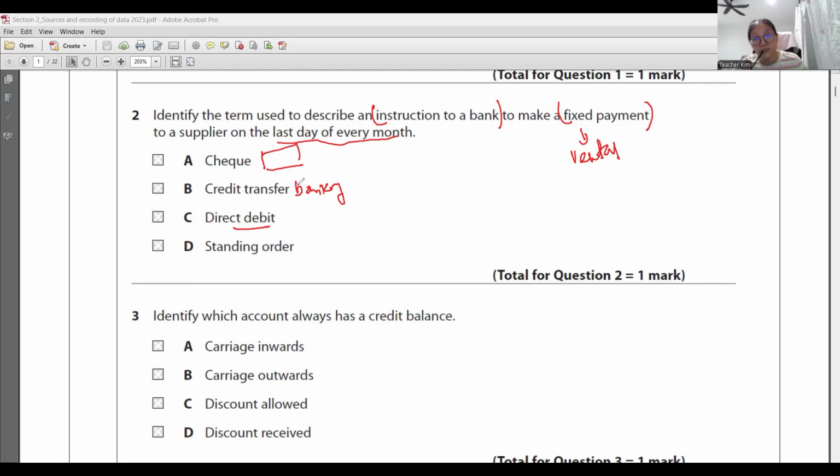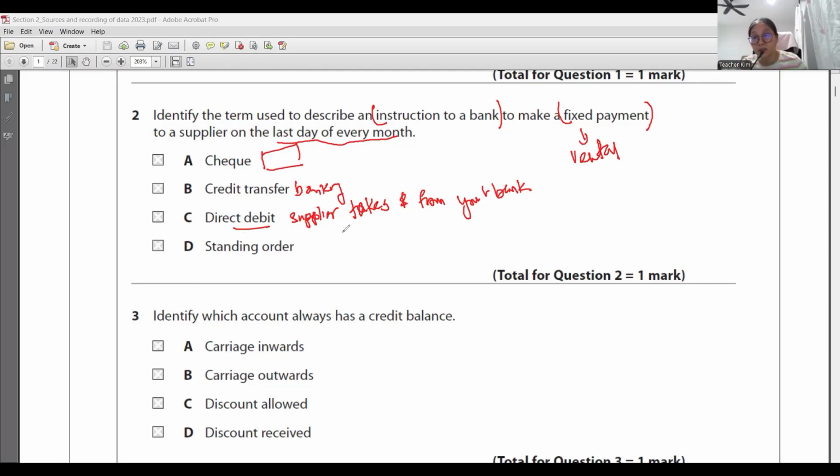Direct debit is similar, also an instruction to the bank, but you allow the supplier to take the money from your bank. The amount can be different or the same, depending on what kind of payment you make.